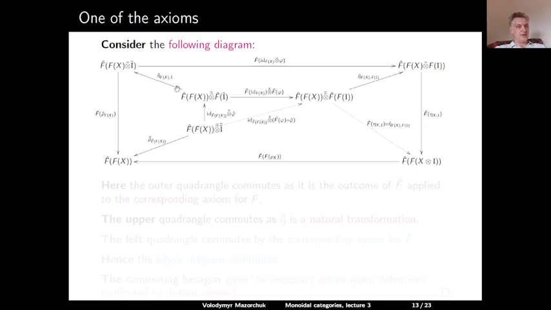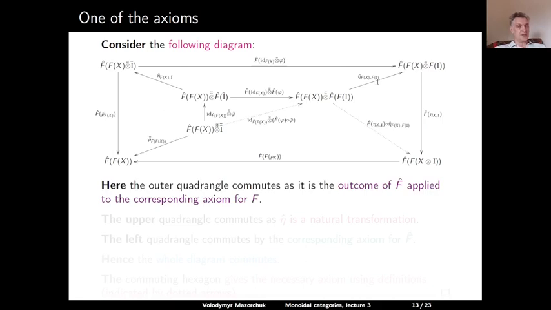From here, we can apply eta hat to go to f hat of f of x tensored with the identity, and we can apply f hat of the identity tensored with f hat of phi to go to f hat of f of x tensored with f hat of f of I. And here we can apply eta hat to go to f hat applied to f of x tensor f of the identity. So we have such a big diagram.